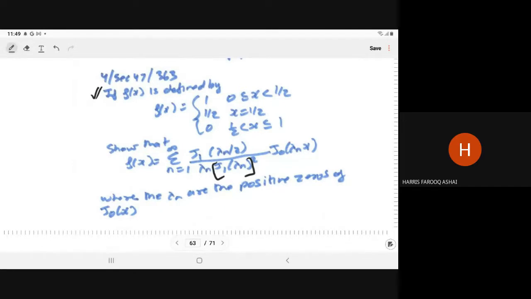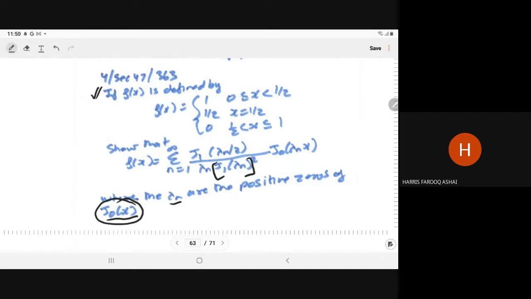So here we are expanding any arbitrary function in terms of the Bessel functions, right? Where lambda n are positive zeros of j naught x. So from here you have to take the idea in which terms you have to expand.